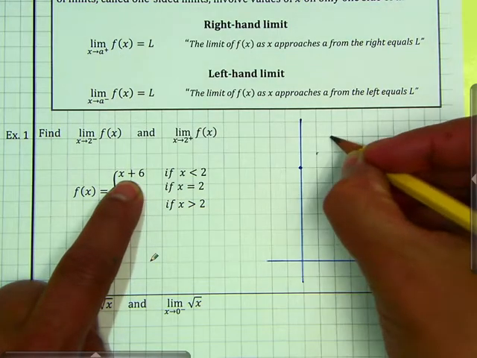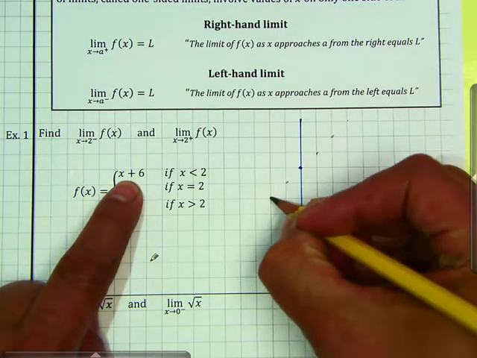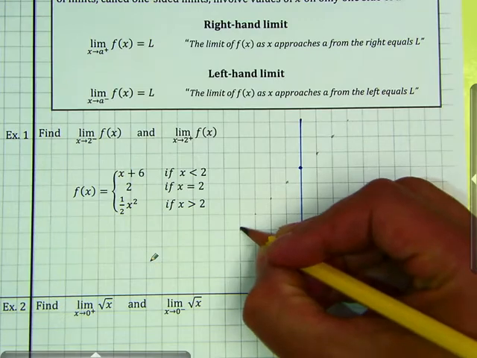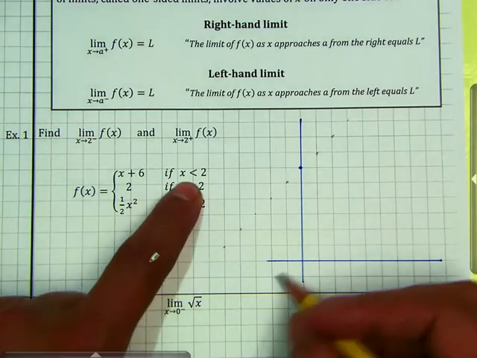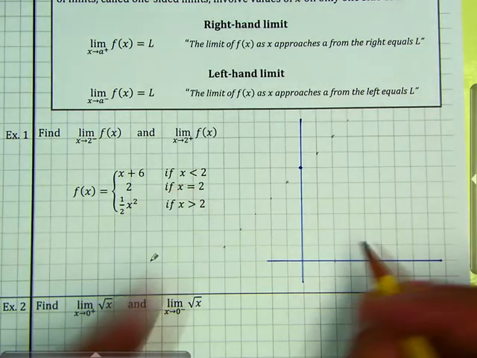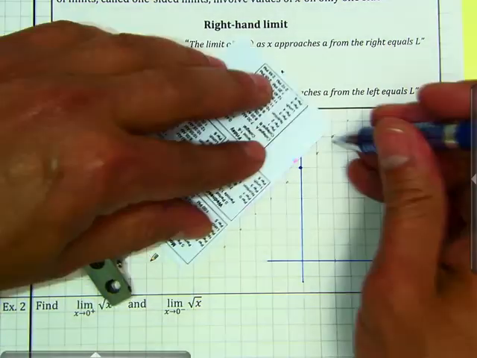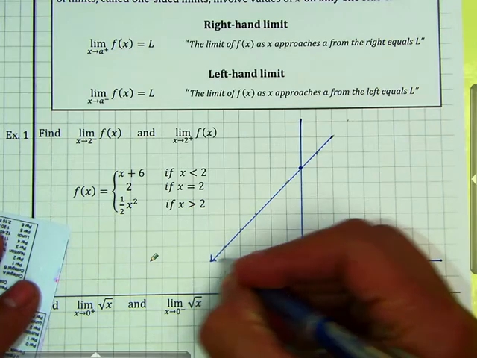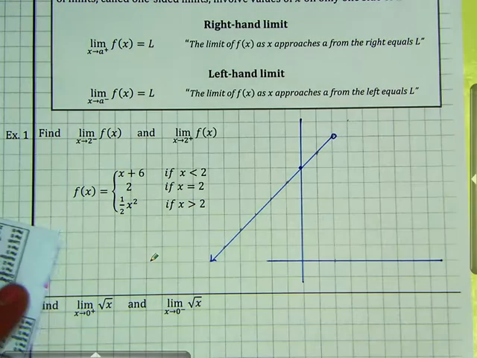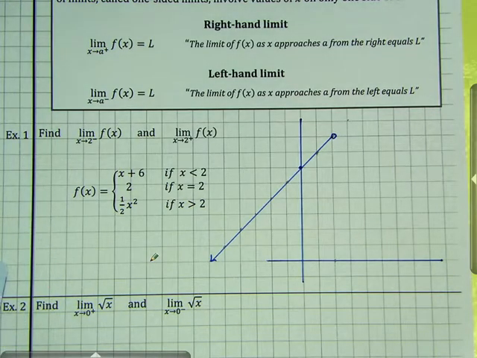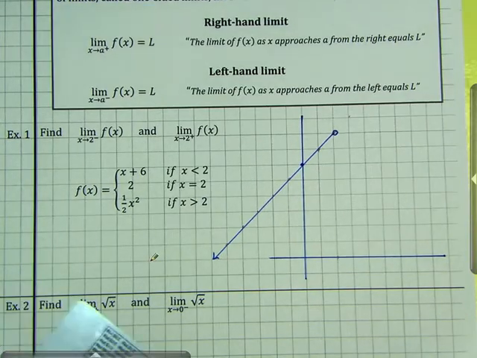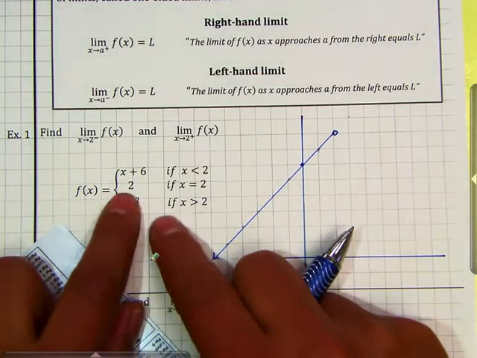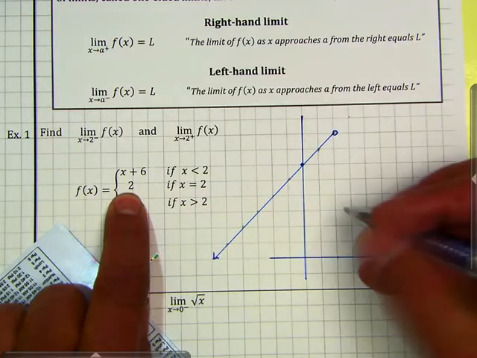Let me do it with pencil so I can go back and erase. And I want to limit when x is less than 2, so I'm going to stop right here. So I'll be from here all the way down. And it doesn't include the 2, so we're going to leave it as open, where it doesn't initially show on your graph on Desmos. The second one is y is 2 when x is 2, so therefore that is a point.